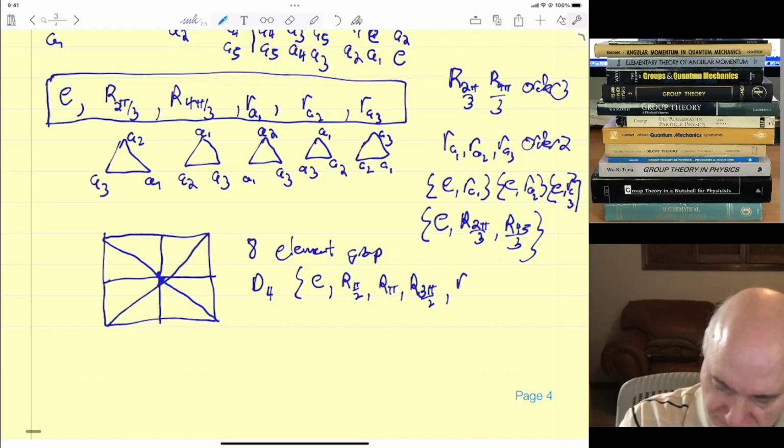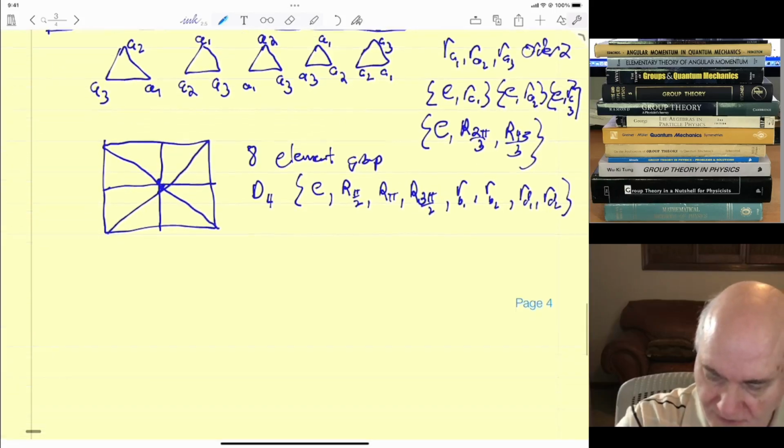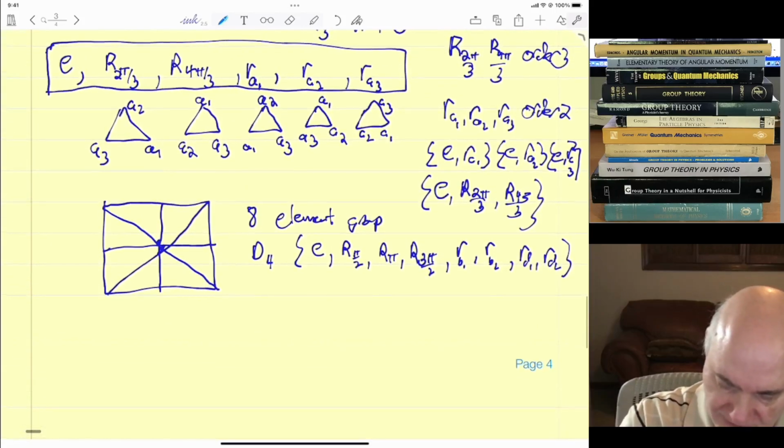There's going to be 2 reflections which are about the bisectors. Let's call them B1 and B2. And there's going to be 2 reflections about the diagonals. Let's call them D1 and D2. 1, 2, 3, 4, 5, 6, 7, 8. So for every n there's a dihedral group of 2n.